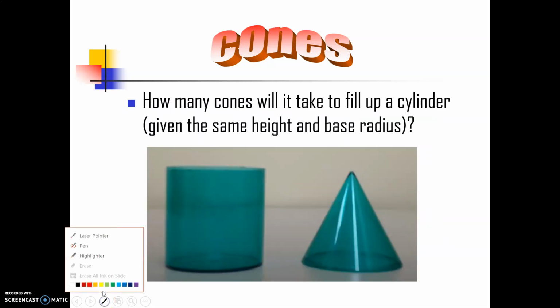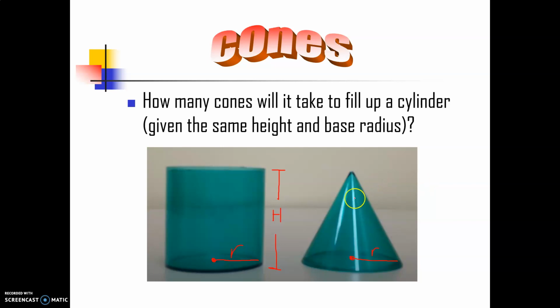Okay, so here's another way to visualize it. I have the figures side by side. Both of these shapes have the same radius, and both shapes are the exact same height. So what I want you to do right now is take a guess.